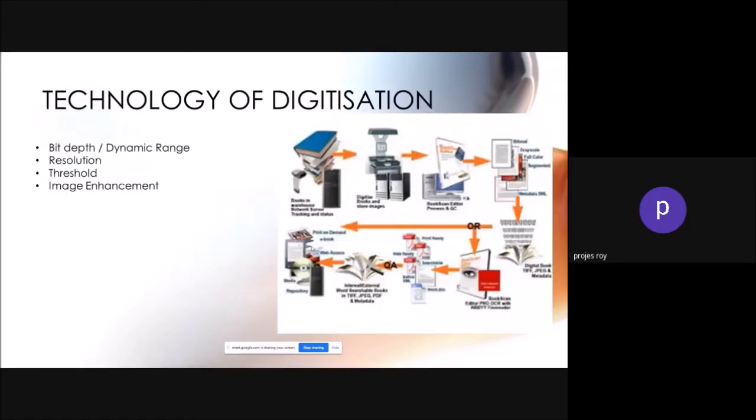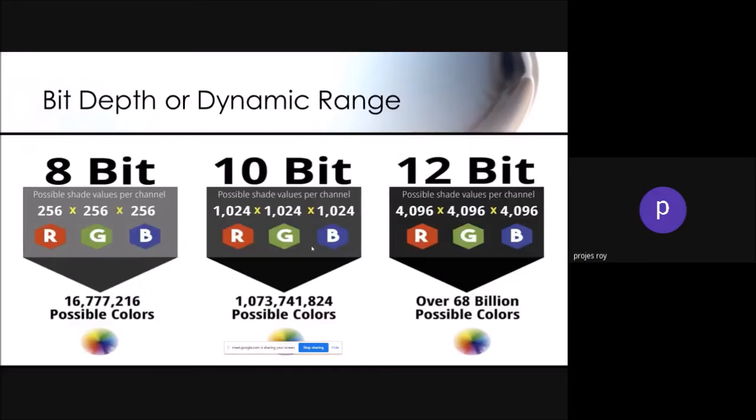Then what technology are you going to use in digitization? Bit depth, dynamic range, resolution, threshold, image enhancement. These are the most important components in the technology of digitization. Now we'll see the importance of bit depth and dynamic range.